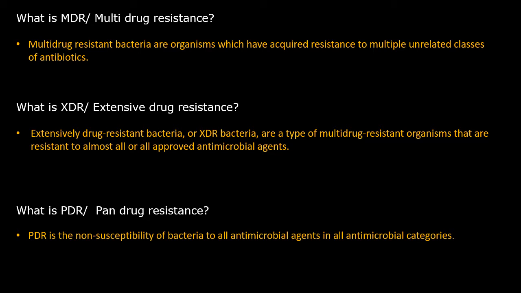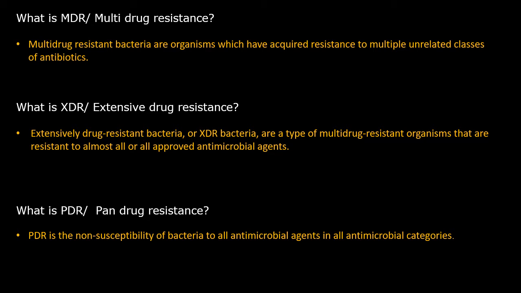That means different kinds of antibiotic classes are present and the bacteria has gained resistance to those different antibiotic classes. That's why it is termed multi-drug resistance. These classes are not related to each other.